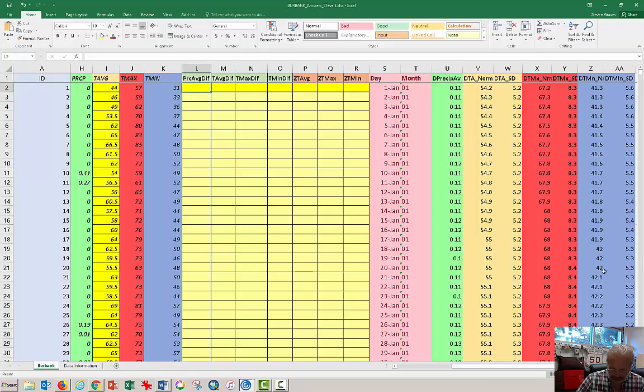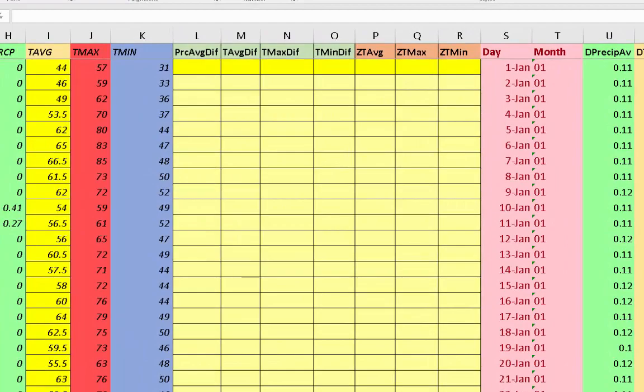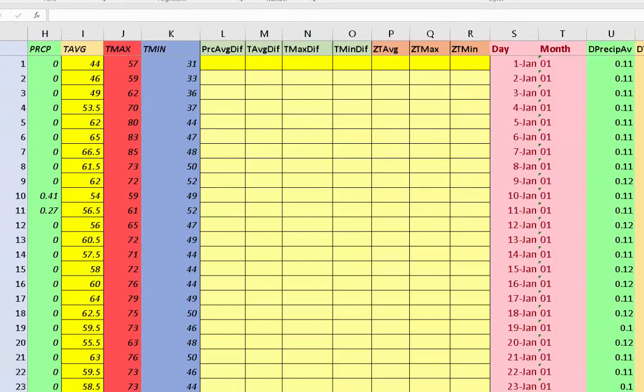So let's proceed anyway. In order to calculate the difference in average precipitation for each day, we're going to begin by placing our cursor in cell L2, click, and we'll type a very simple formula in this cell.